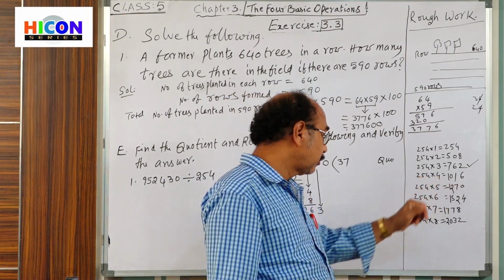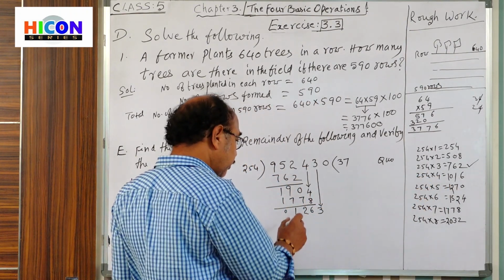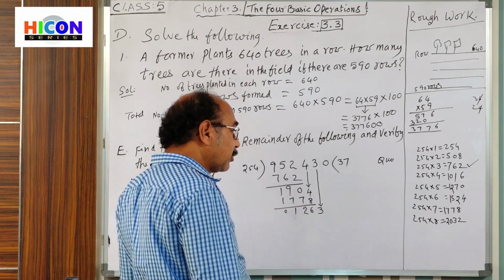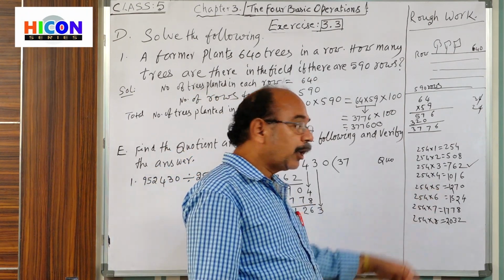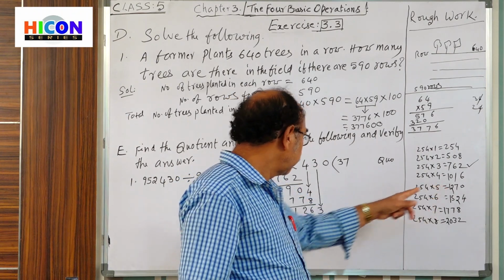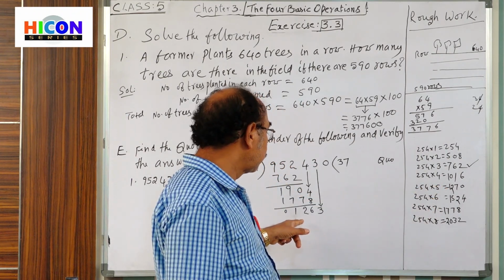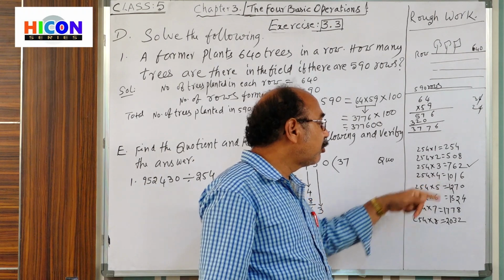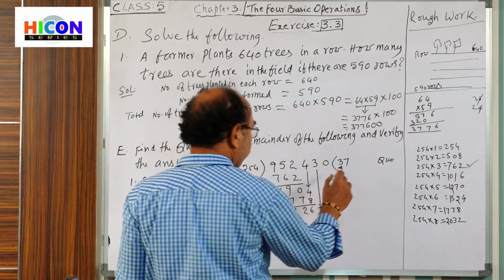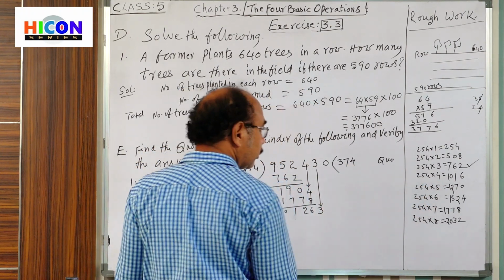This is more than 1263, so 5 times is not possible because this is a big number and 1263 is a small number. That's why you select 4 times. 4 times means 1016.